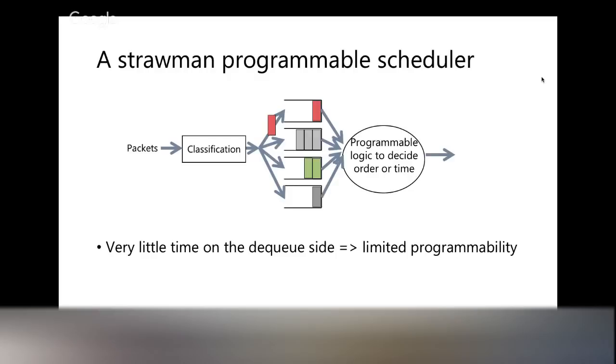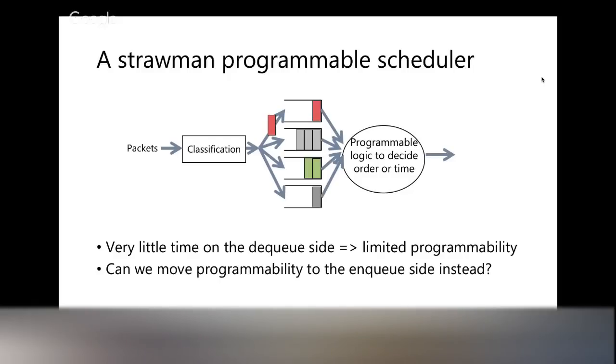Now, the net result of all this is if you were to do programmable scheduling on the DQ side, then you're really limited to those 5 clock cycles, and there's only so much programmability you can pack into 5 clock cycles, right? So the question that we're trying to go after is, can we move the programmability to the NQ side so that you potentially have all the time in the world from when the packet was transmitted at the end host to when it's received at the switch scheduler?